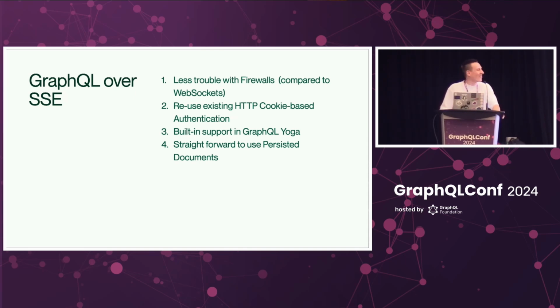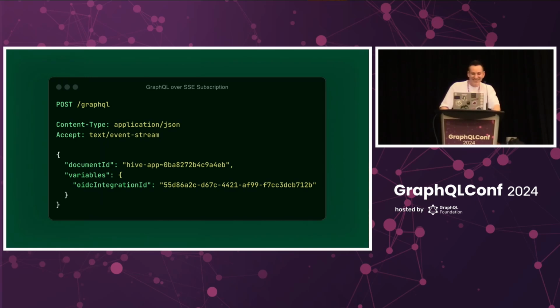And another cool thing is that we could use persistent documents out of the box. So in the end, our request for powering this feature was just a simple request to /graphql with a document ID and some variables, and that's it.